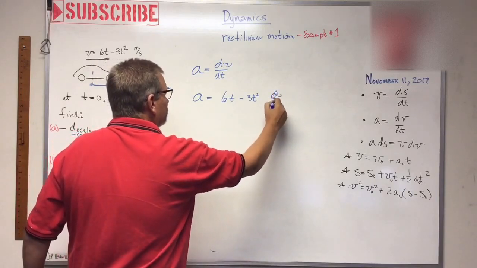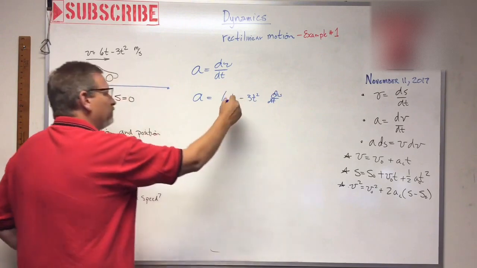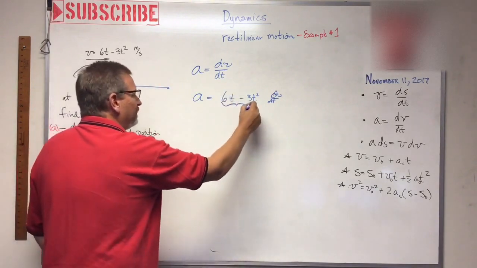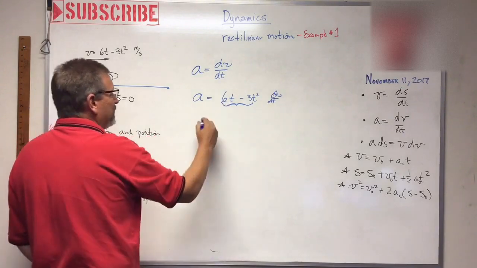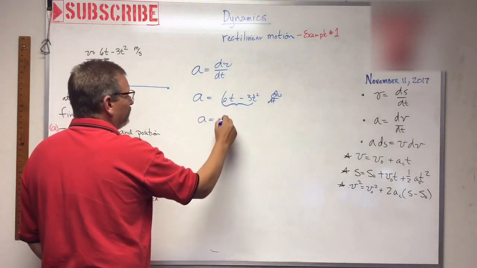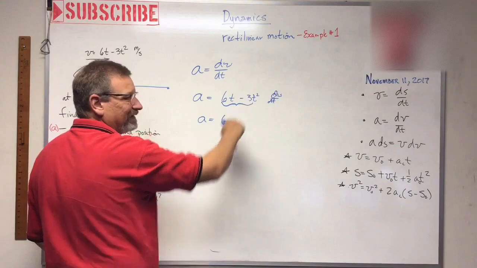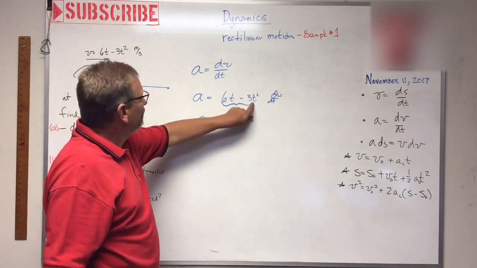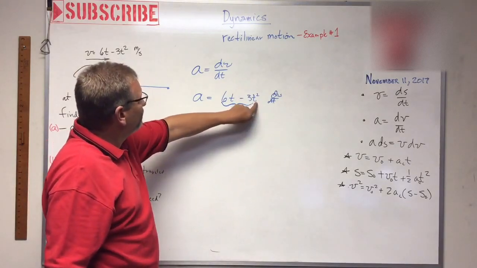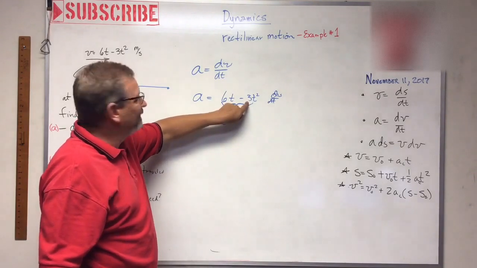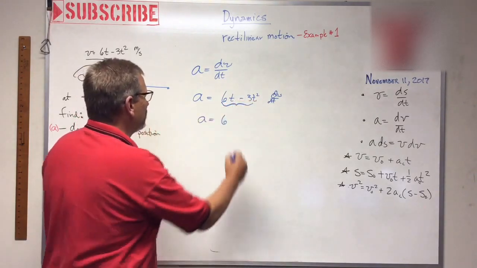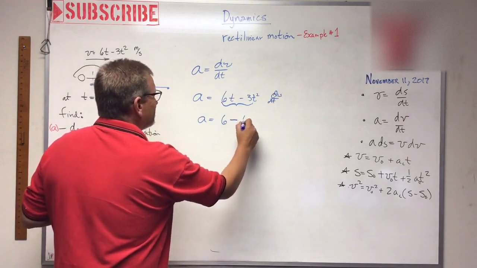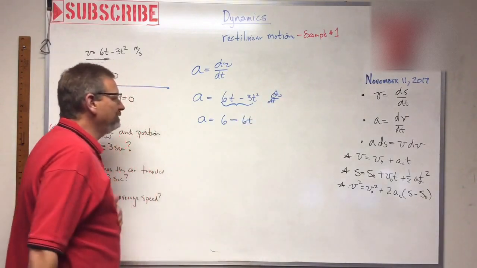So what is the derivative of that business right there with respect to time? Well, this portion here, a equals, that just turns into a 6. And you remember how to take the derivative of this, right? You're going to reduce the exponent by 1 and multiply the coefficient there by the exponent. So that's going to become minus 6t.